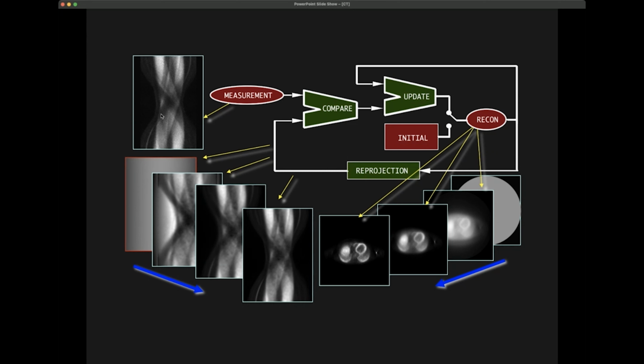And then we assume that indeed what we measured would correspond to this. And so the idea is: given the real measurement that we have, find the most likely distribution of attenuation coefficients that can give this projection. And so it's a totally different principle.